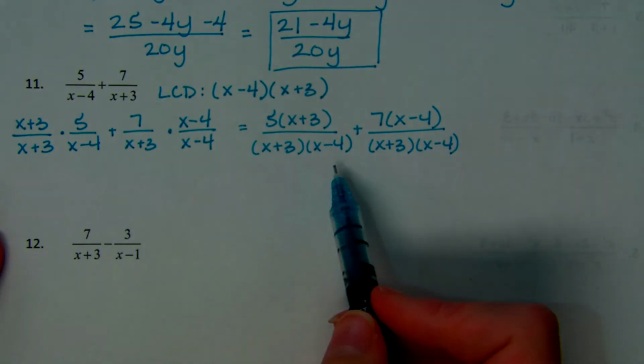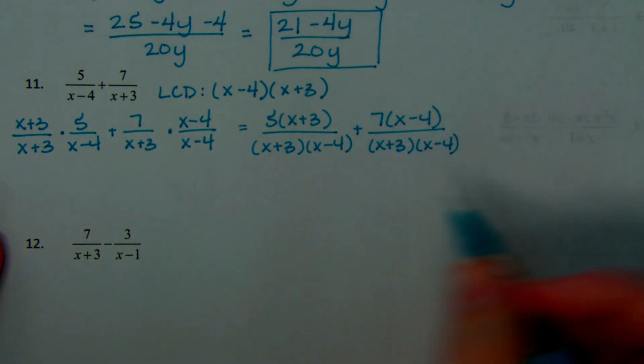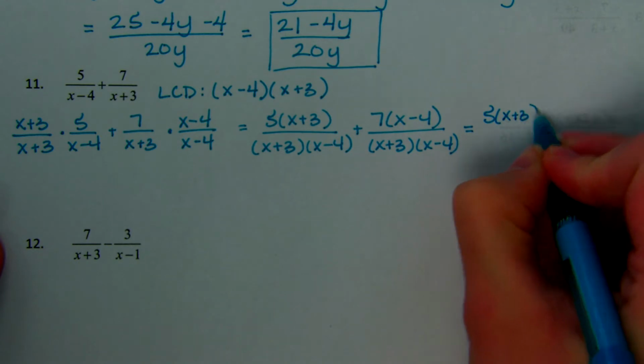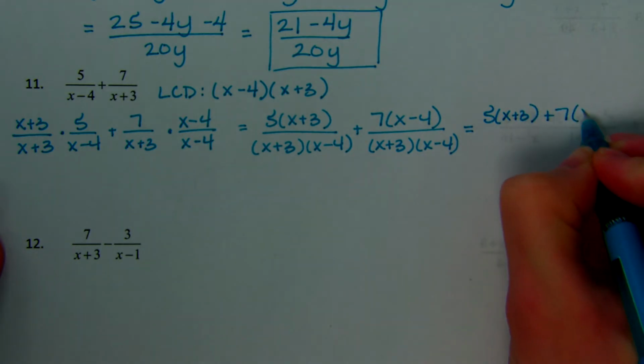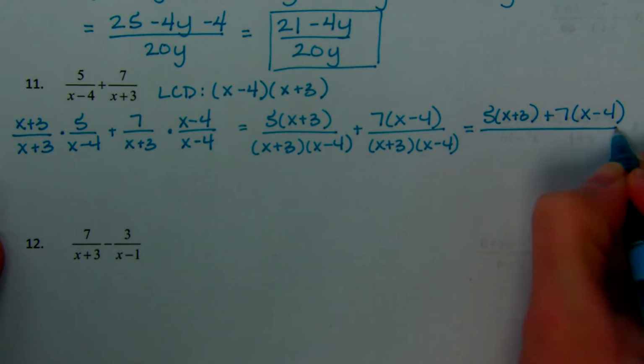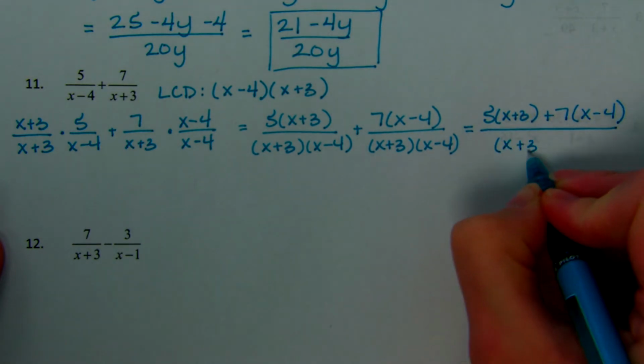And then we're going to go ahead and distribute. I'm sorry, let's put those together first. Let's not distribute yet. So 5 times x plus 3 plus 7 times x minus 4 all over our common denominator.